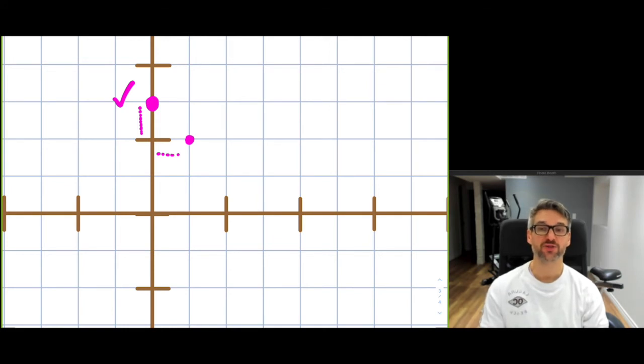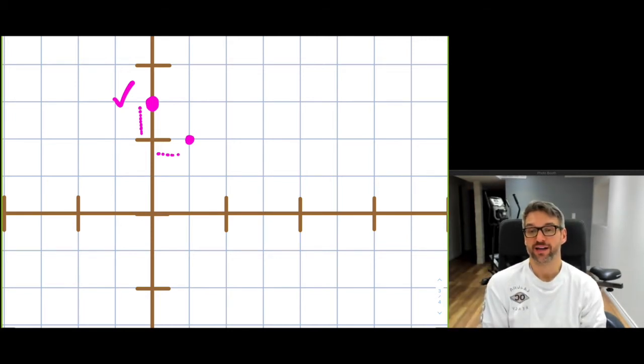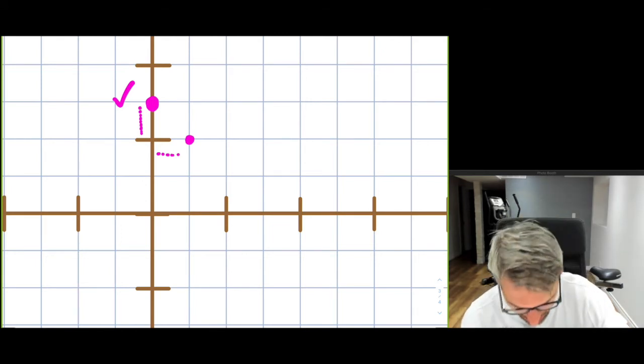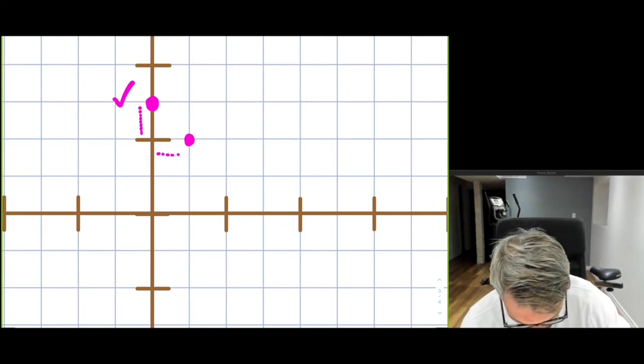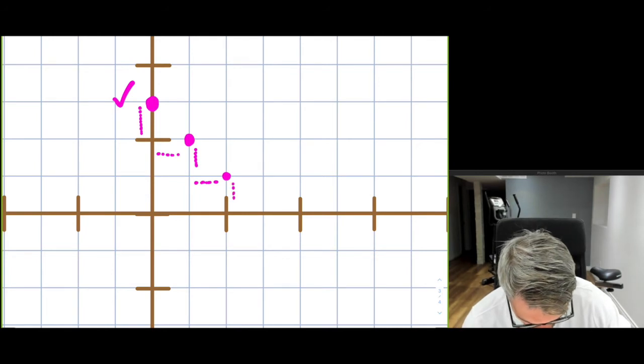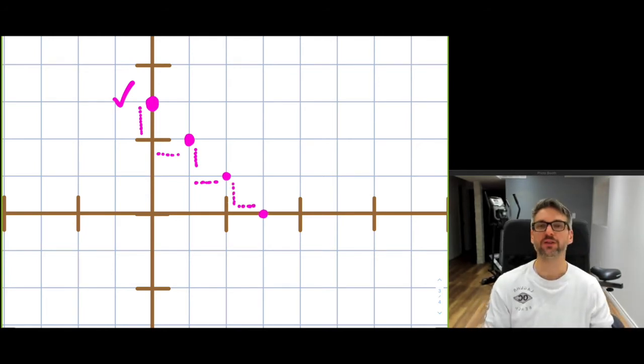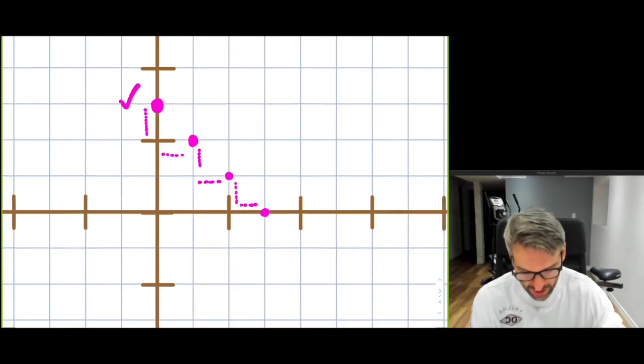Now because you have 2 points, you just draw a line through them and you've graphed your line. You can put in more points if you like. Because rise over run is -1 over 1, here's another point, and again, here's another. You can continue this and draw as many points as you like from the slope, but 2 is enough.